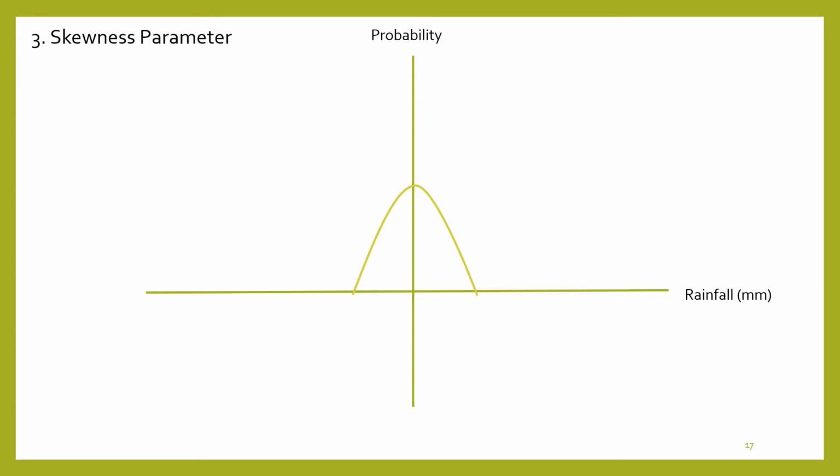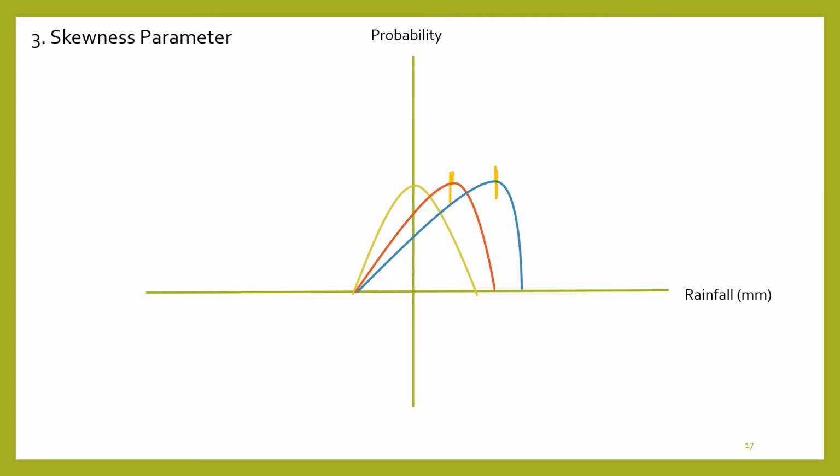And we have skewness, how it skews to the right. If it's more skewed like this, the blue one, it means the minimum is far from the average. Remember, the average, or mean, is the highest probability.